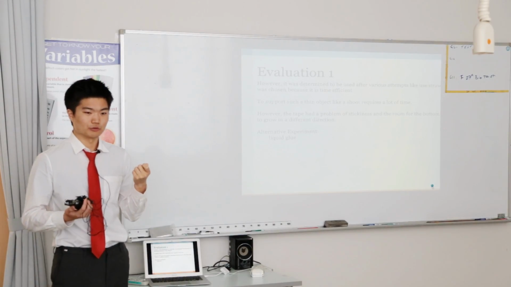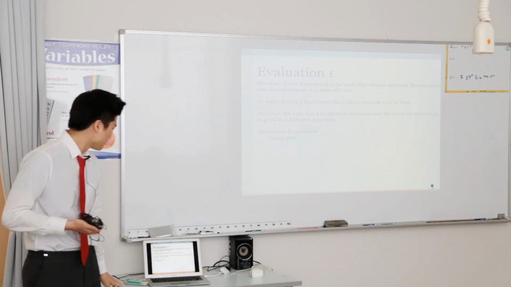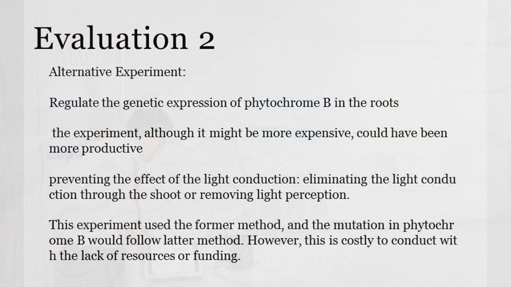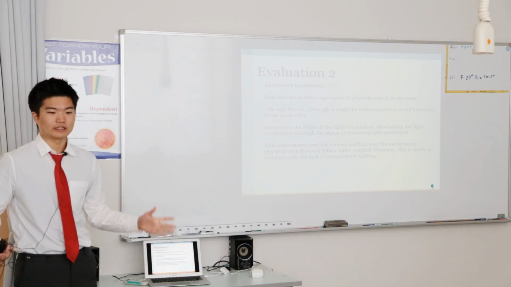If I use liquid glue and coat it around, it might not happen. Also, I could alter the genetic expression of phytochrome B. Although it's not mutated, I can just change the genetic expression.